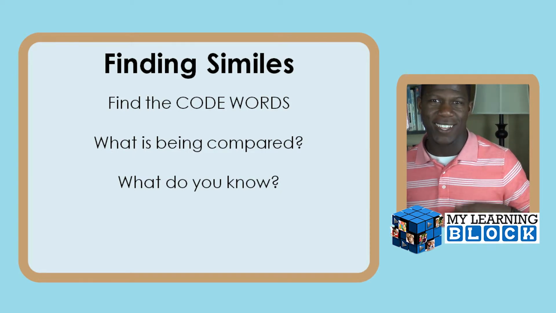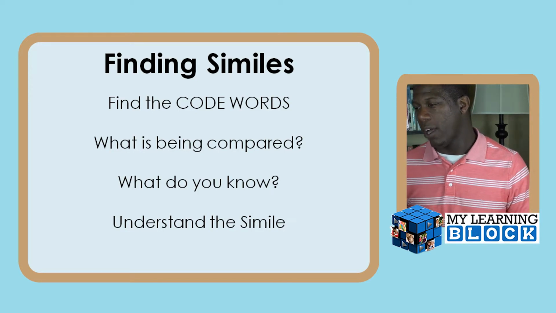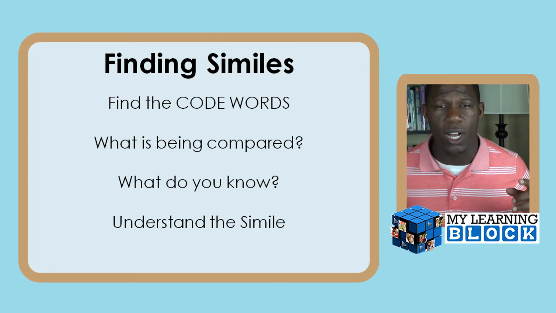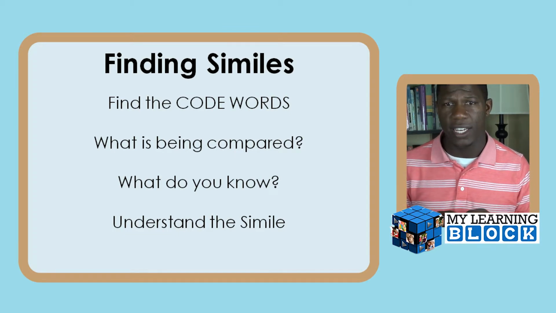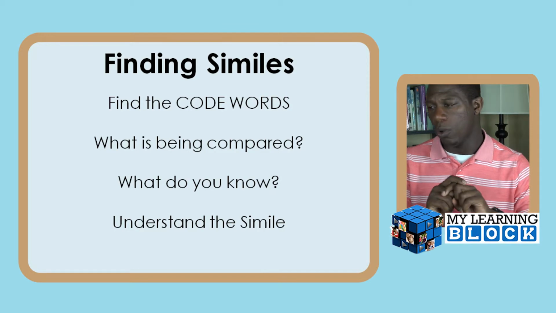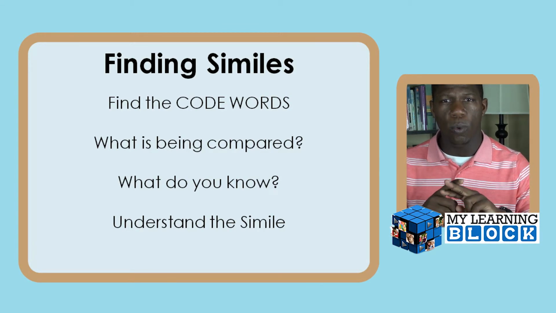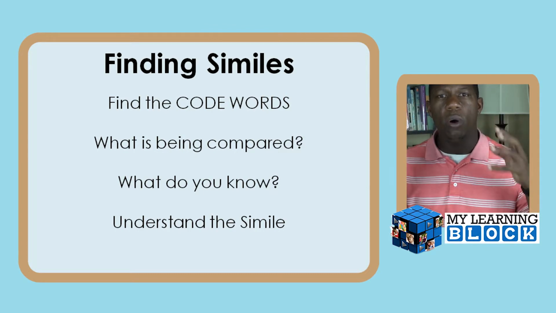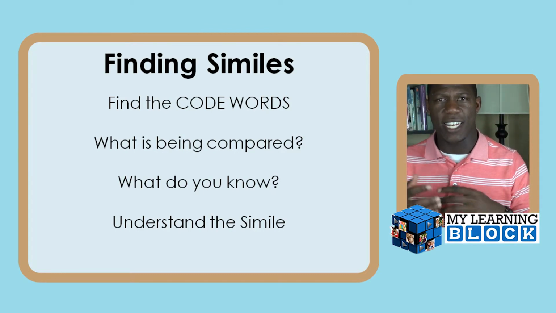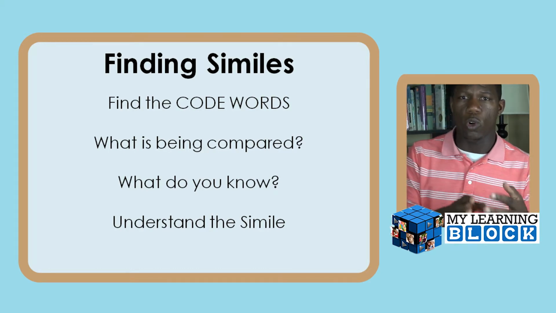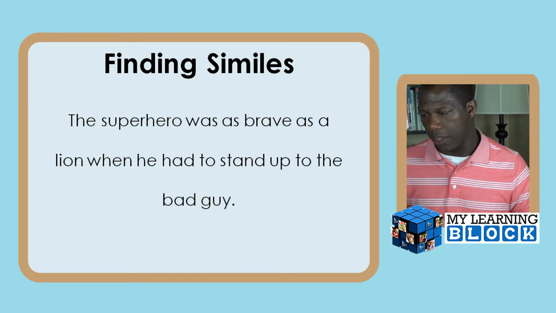Ooh, KWL. Once you do all these steps, your child will understand similes. So remember, the child needs to find the code words, determine what is actually being compared, and what they know about the comparison. What do they know about ice, or about cold, and how does it come together?